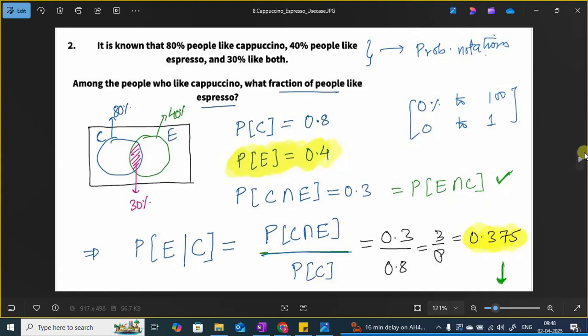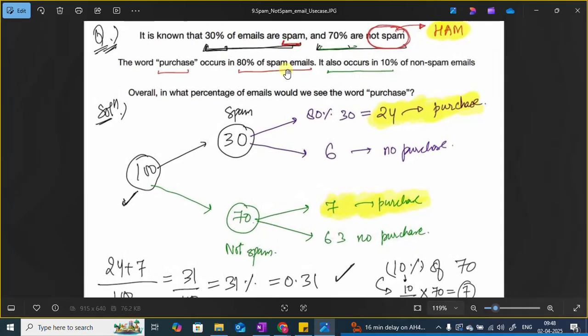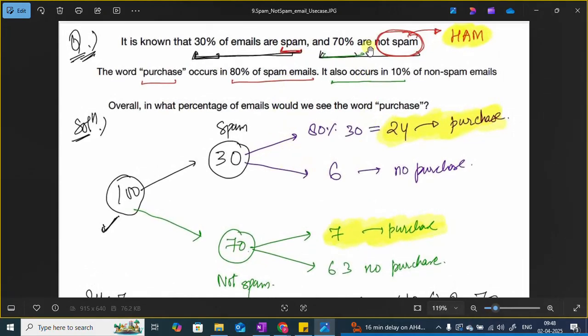Yeah. So we go to the next one. This is a little bit trickier, one step more complex, as I told you. I'm going a little bit in depth. Now see, the question is giving: it is known that 30% of the emails are spam. Try to read the question first, then I'll try to solve. And 70% are not spam.